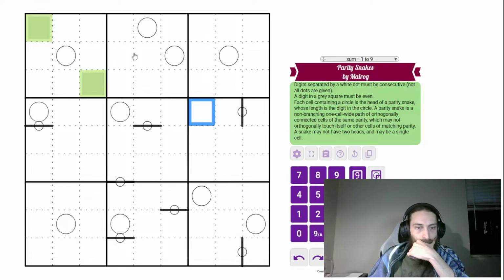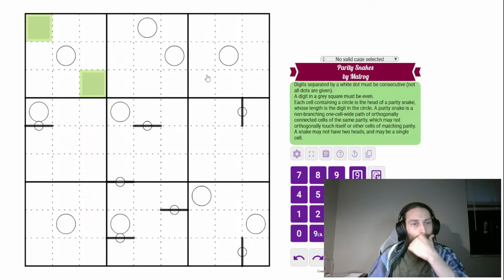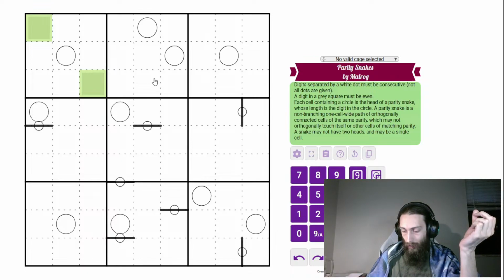So, we know that any even snake has to be longer than 1.